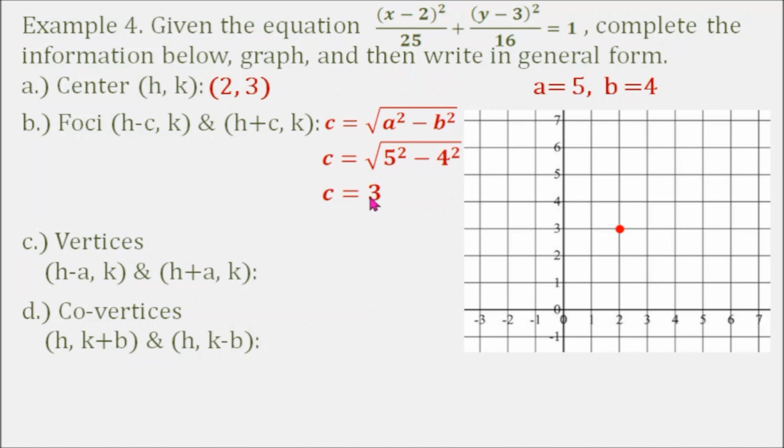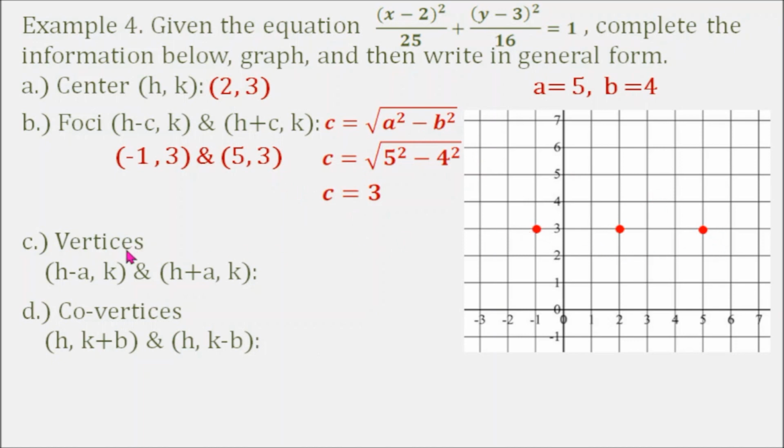Square root of 9 is 3. So our h is 2, our k is 3, our c is also 3. So substituting these numbers into our formula here, the coordinates of our foci are (-1, 3) and (5, 3). So they are here.